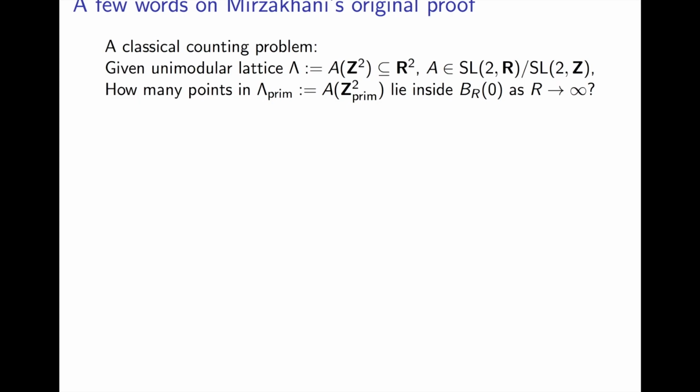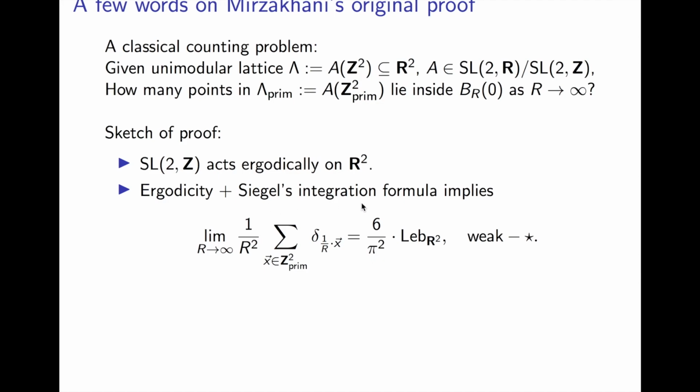So let me give you some way to prove this theorem, which might not be the usual one, but it's going to be important for motivation. I want to assume first the fact that SL2(Z) acts ergodically on R2, and you can prove this using the fact that the horocycle flow on the space of unimodular lattices is ergodic. And the idea is that assuming this fact and using Siegel's famous integration formulas, you can actually show that the following measure convergence holds.